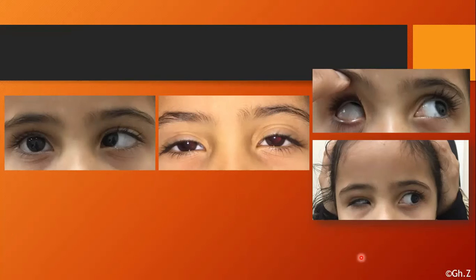So the widening is in comparison to the narrowing. So you compare the palpebral fissure in adduction, you see, in this photo. Yes, and you compare it by the abduction on attempted abduction. Definitely there is a change.